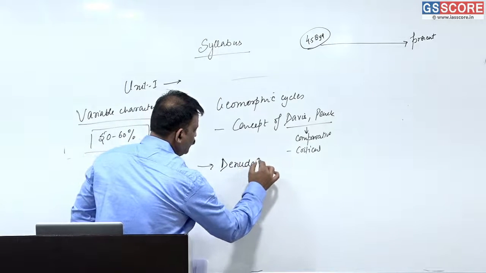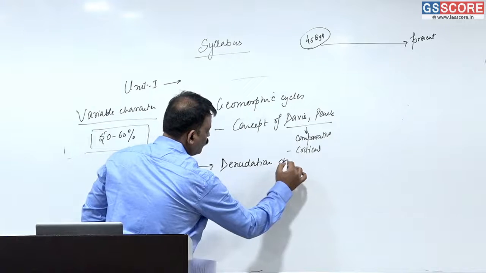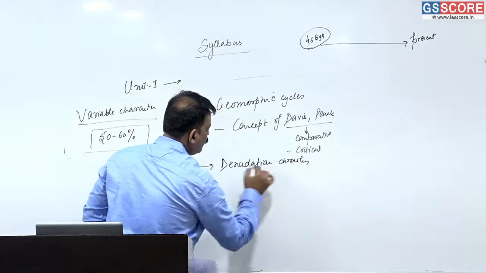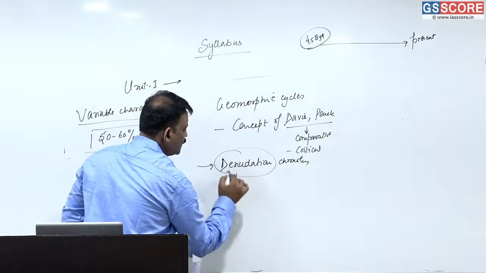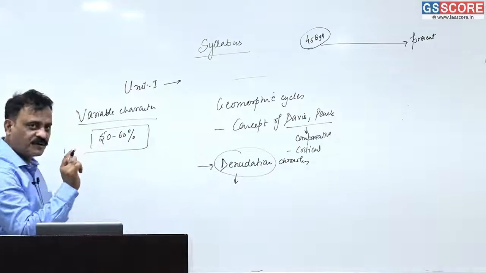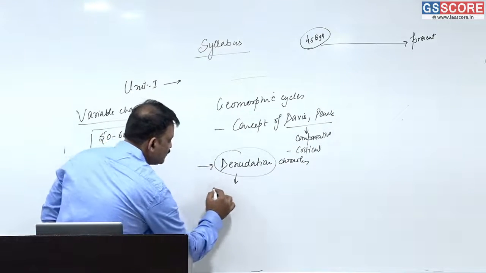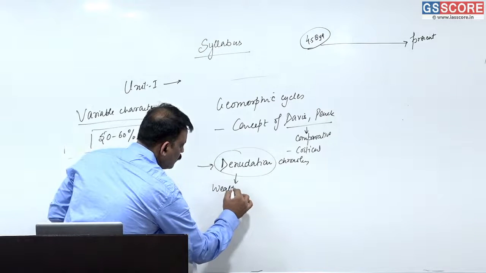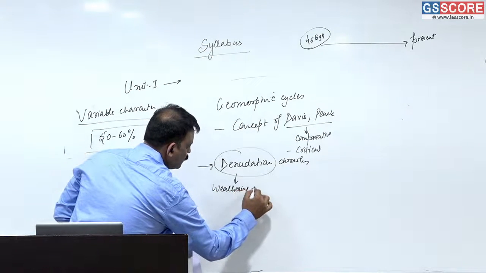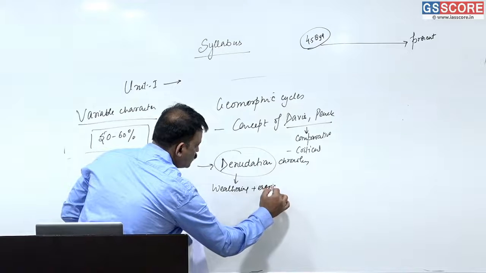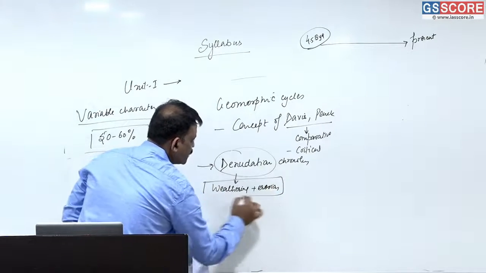Denudation chronology. So denudation means weathering plus erosion. If we include weathering plus erosion, then we have an idea of denudation.